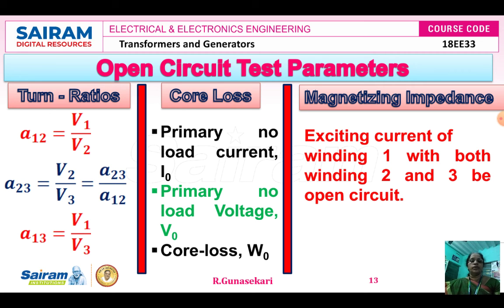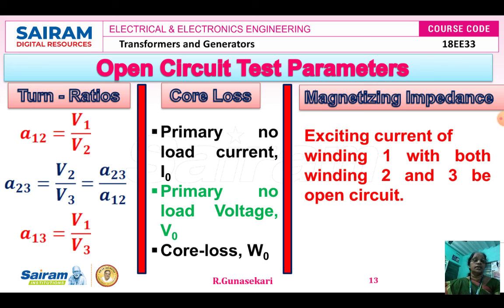So I0, V0, W0, all 3 readings are measured by the ammeter A, voltmeter V and wattmeter W respectively.